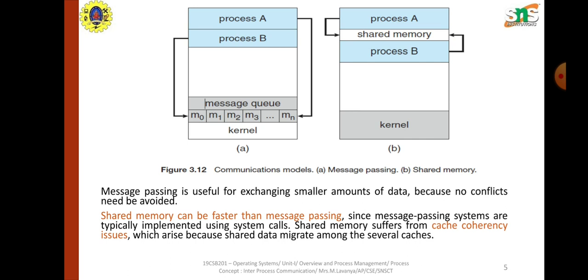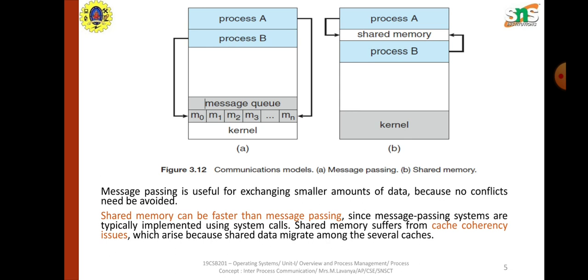This is the diagrammatic representation. Diagram A represents message passing. The processes A and B are two processes involved in inter-process communication, and the communication takes place via messages. The message queue is represented below, which is M0 to Mn.